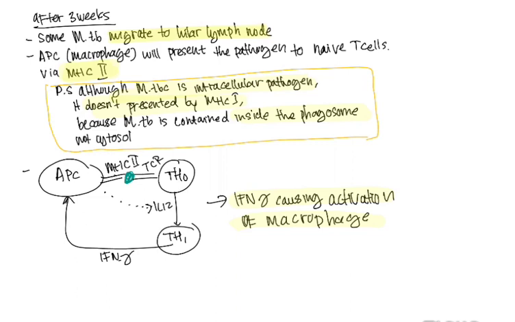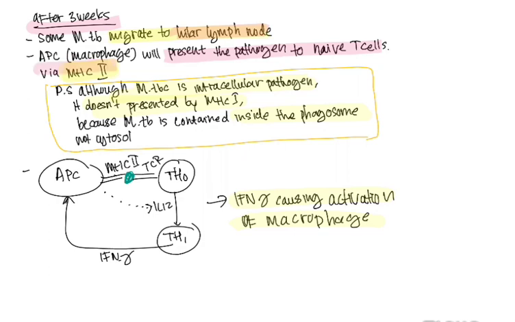So after 3 weeks of the infection, some mycobacteria will migrate to the hilar lymph node, and in the hilar lymph node, the macrophage, which we know as the antigen presenting cell, will present the pathogens to the naive T cell by MHC2. I have a little note here.